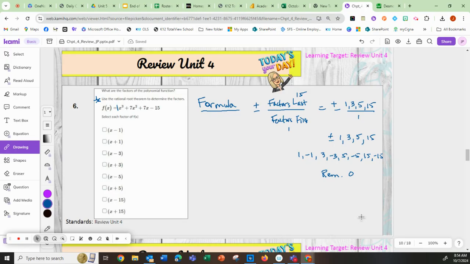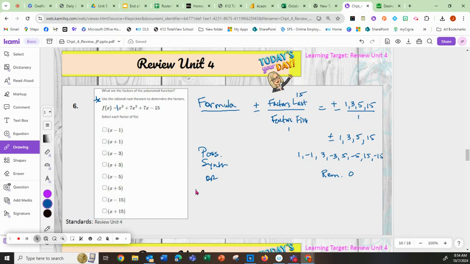We could do that, but I think that's probably a longer way. We could possibly use synthetic division, and then we would use the 1, the 7, the negative 15, and we would divide by each one of these numbers until we got a remainder of 0. Okay, so we could do that. Or we could use our calculator.